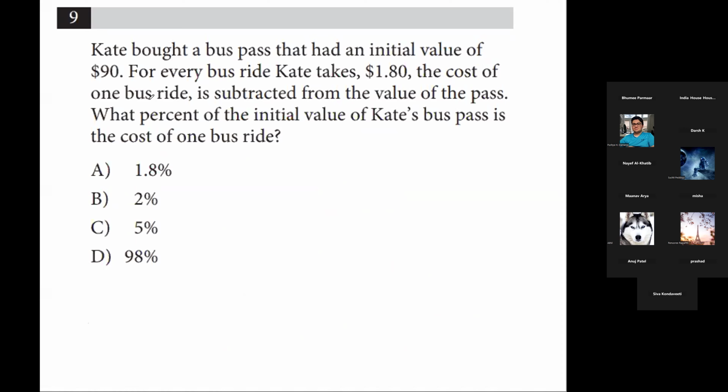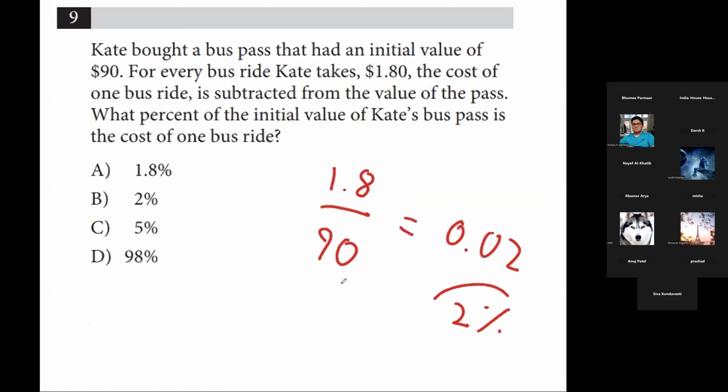What percent of the initial value is the cost of one bus ride? Well, that would just be 1.8 over 90, which would get us 0.02. 0.02 is the same thing as 2%. So the correct answer is choice B.